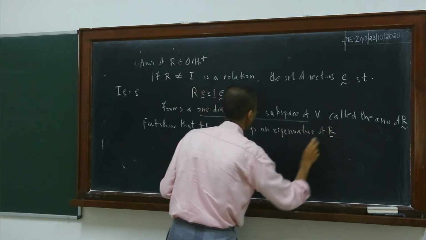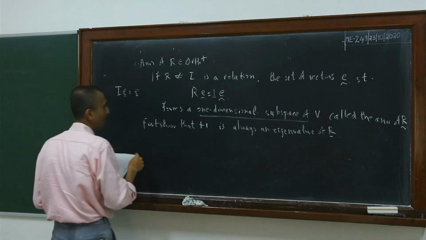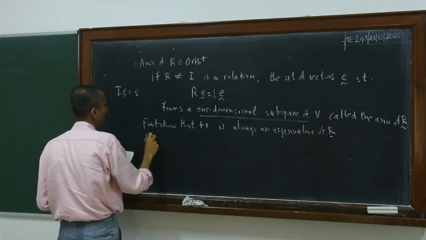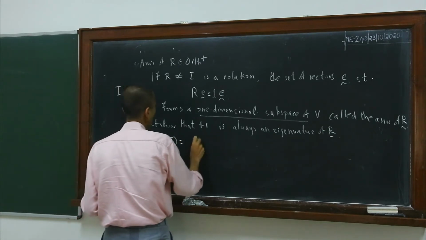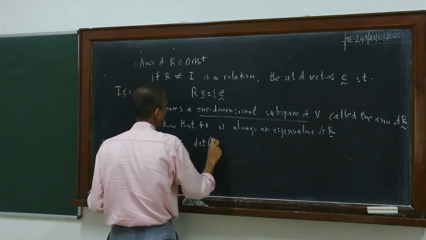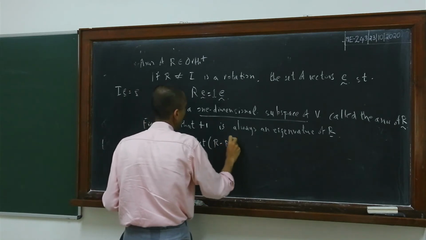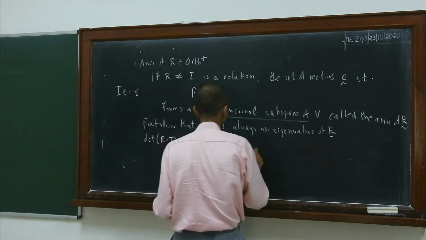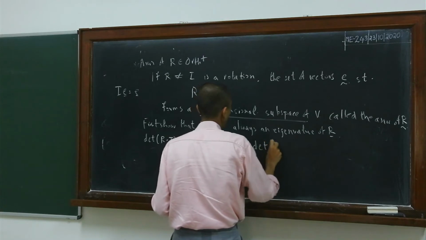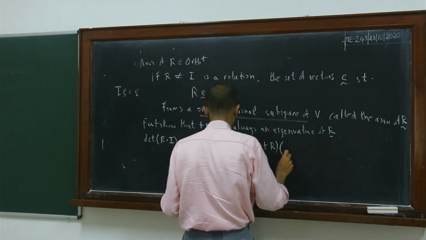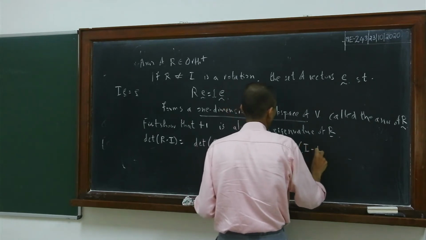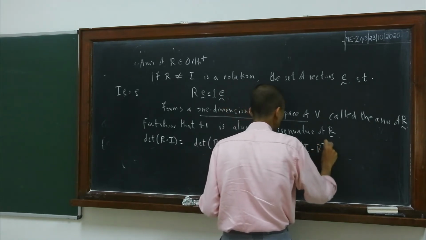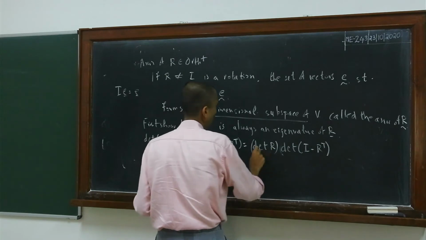Okay. So here, if I write the characteristic equation, determinant of R minus I is equal to determinant of R minus R transpose R. So that is equal to determinant of R times determinant of I minus R transpose, and determinant of R is equal to +1.